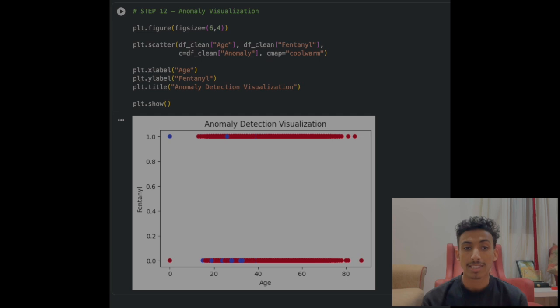By visualizing them, it becomes easier to notice these special cases instead of missing them in the dataset. This helps in deeper analysis and better understanding of unexpected patterns.